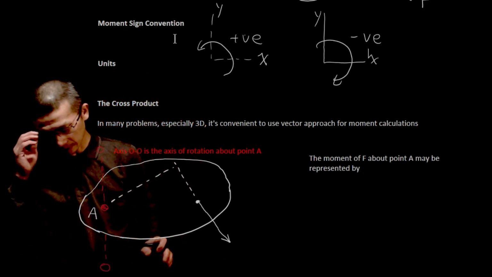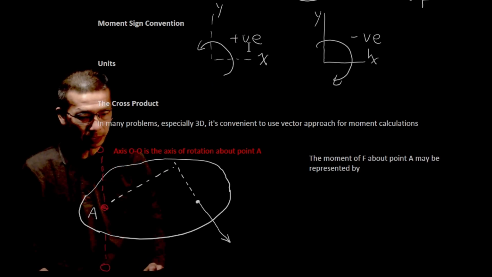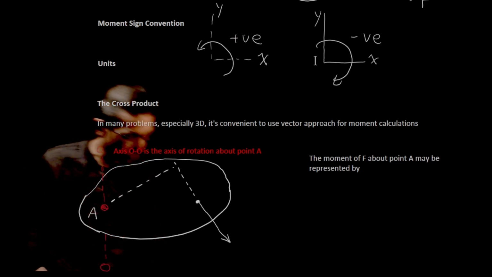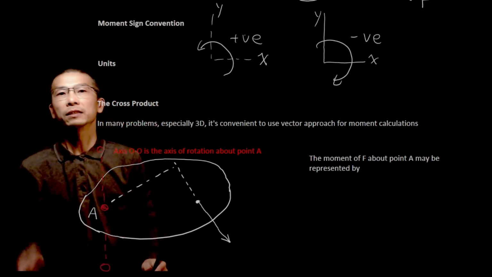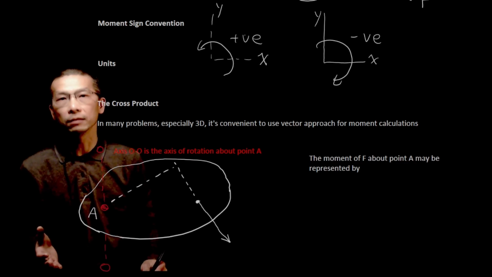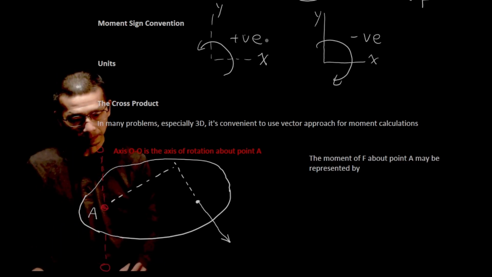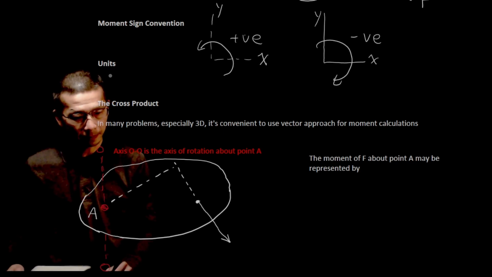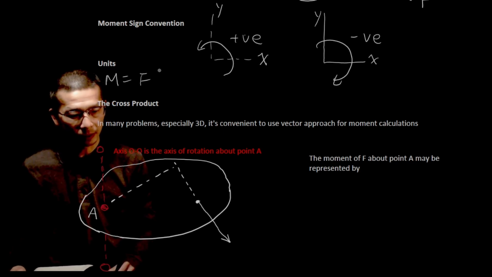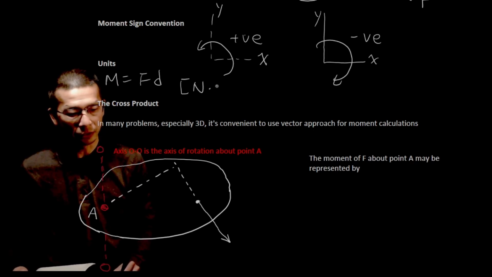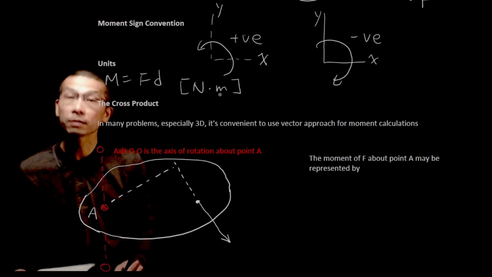Unit. Don't forget about the unit. What would be the unit? Moment is force times distance, since the moment arm is a distance. So we are probably more familiar with Newton times meters.